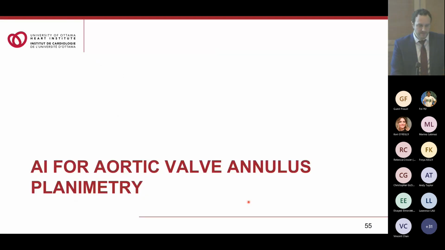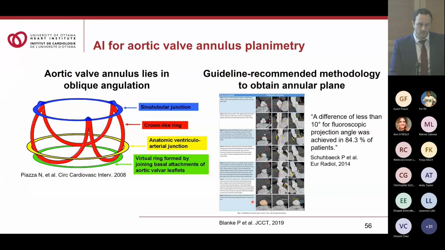So we've used this initially for aortic valve annulus planimetry. That was the first project that we developed. As we know, for sizing TAVI in particular, we use the aortic valve annulus size, which is at the base of the three leaflet attachment lines.